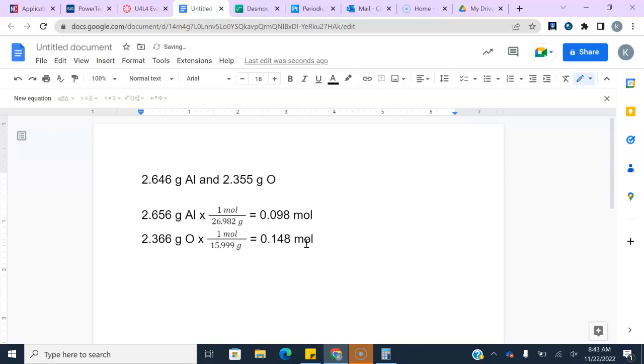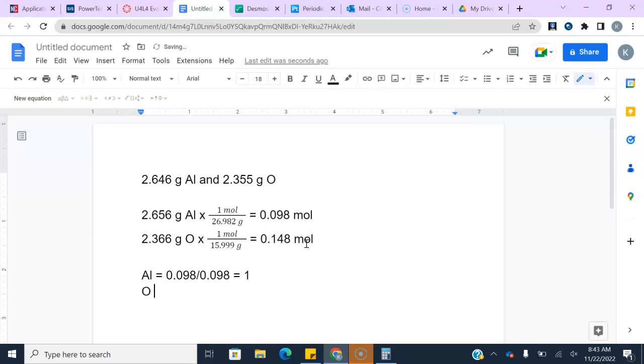We're going to have to take our smaller number and divide each by the smallest number of moles, which is going to be that 0.098. Okay, so for aluminum, it'll be 0.098 divided by 0.098, which of course will just be 1.